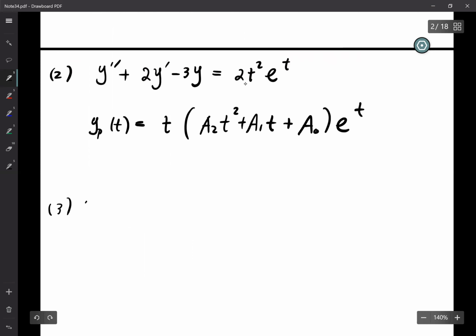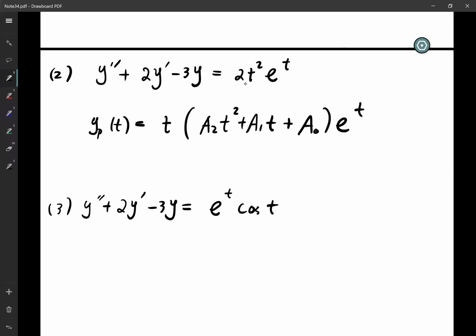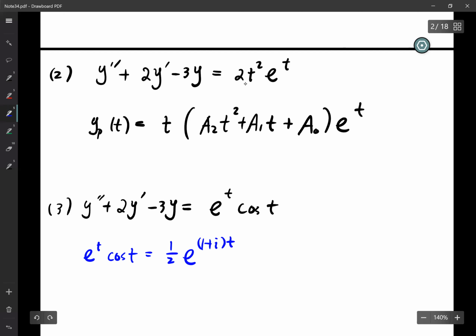Third one, still the same thing, but equal to cosine t. For this one, we always need to think in terms of the Euler formula, which means I write it as one half of exponential (1 plus i)t plus exponential (1 minus i)t.